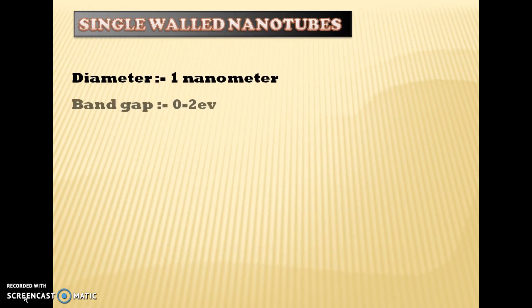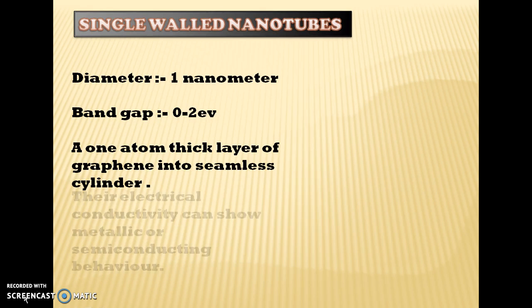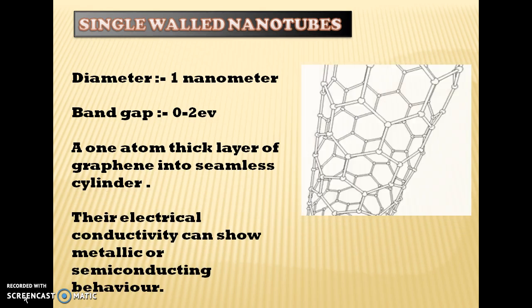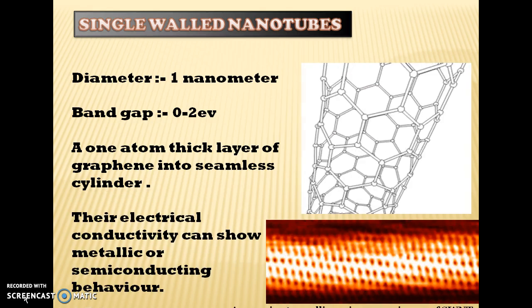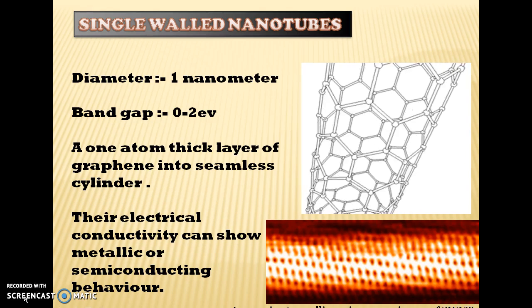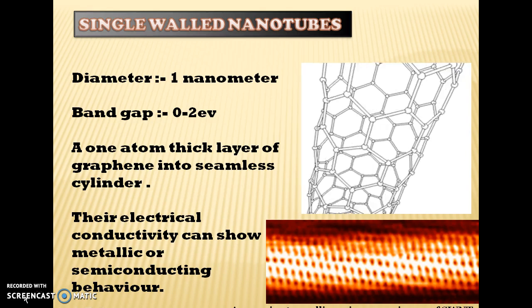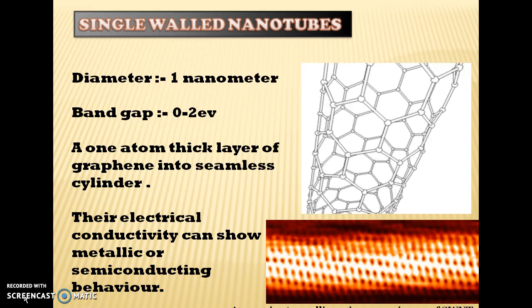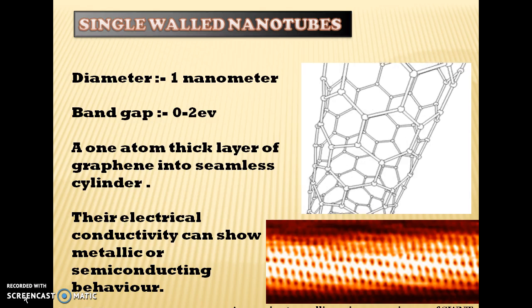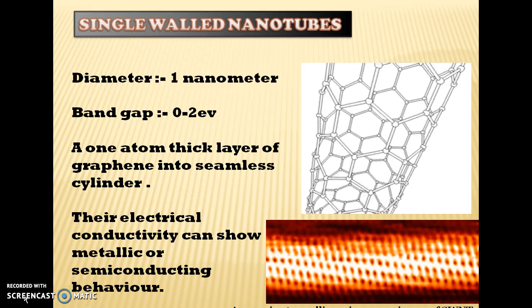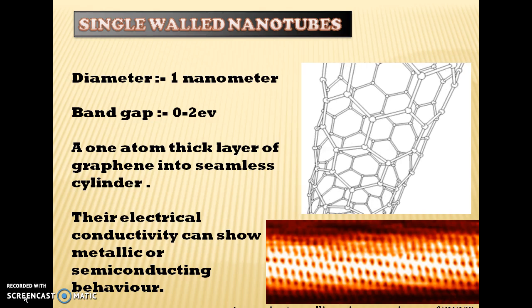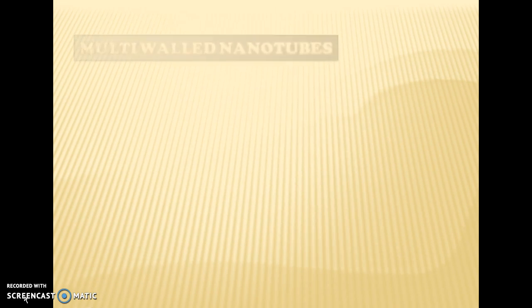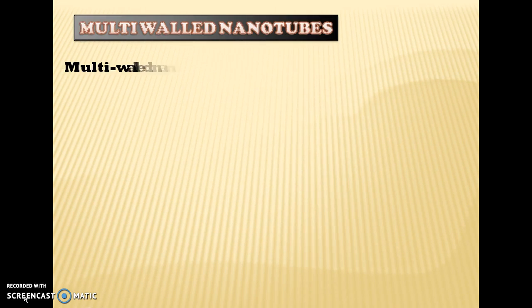First, we will study the single wall nanotubes. Because these are nanoparticles, they have a diameter of 1 nanometer. It consists of only a one-atom-thick layer rolled into a seamless cylinder, and the other will be multi-wall nanotubes.